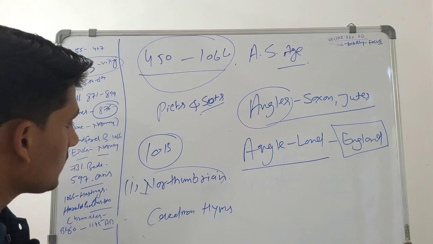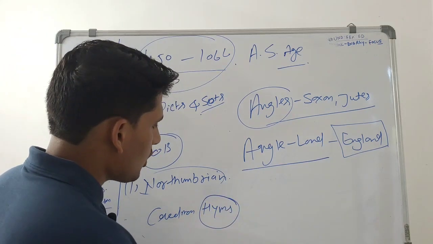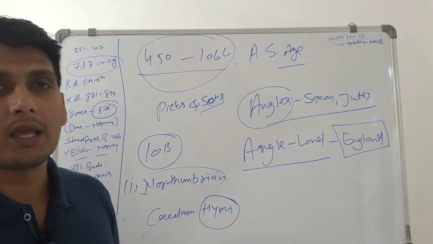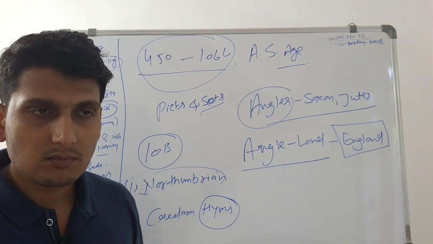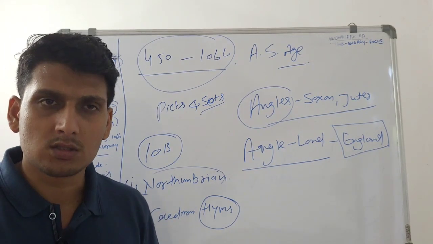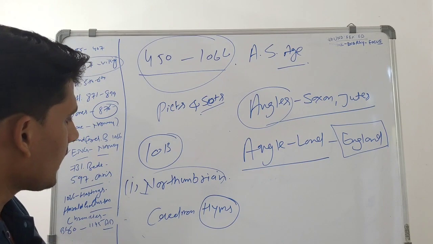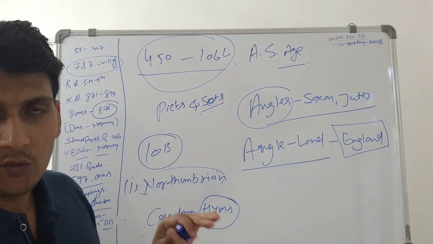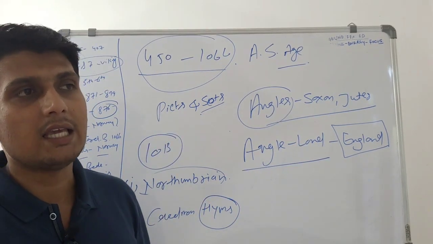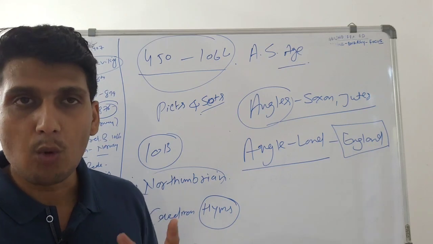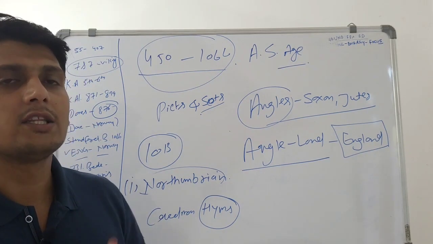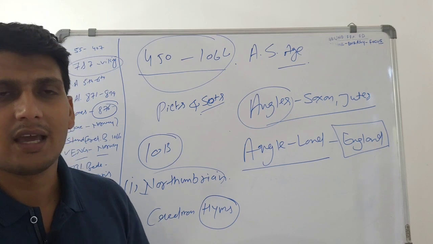Hymns are songs that we sing in praise of somebody, venerating someone, mostly the deity, the gods, right? And the poems which were written during this time period had the themes of Christianity and religion more, right? They were venerating their Lord, the Christ, and their religion.